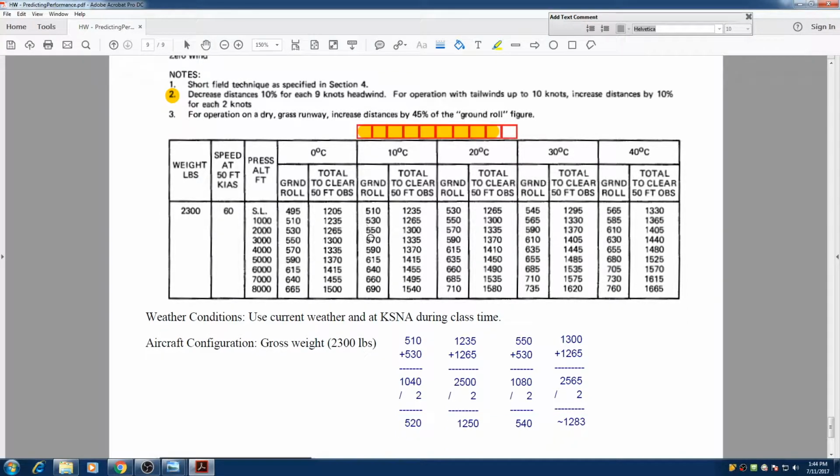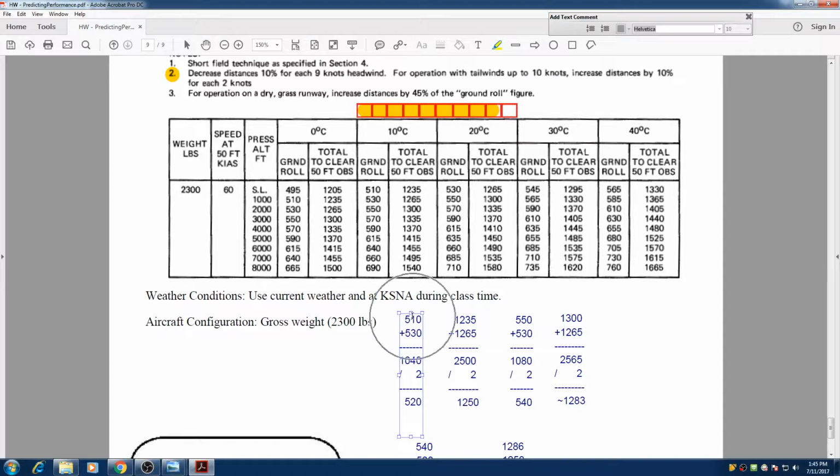So we're going to find the values between sea level and 1,000 feet. Why? Because today's pressure altitude is not sea level at John Wayne, but it is 500 feet. So 500 feet is between sea level and 1,000 right here. For ground roll, we can find the average between 510 and 530.